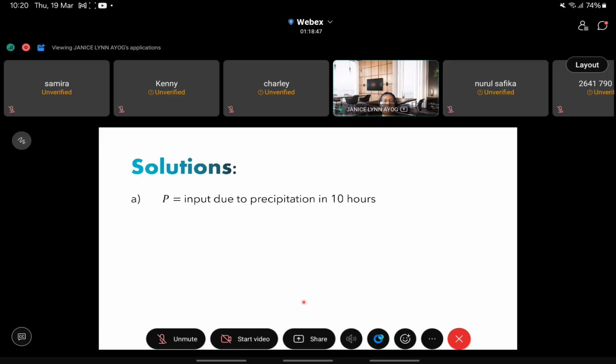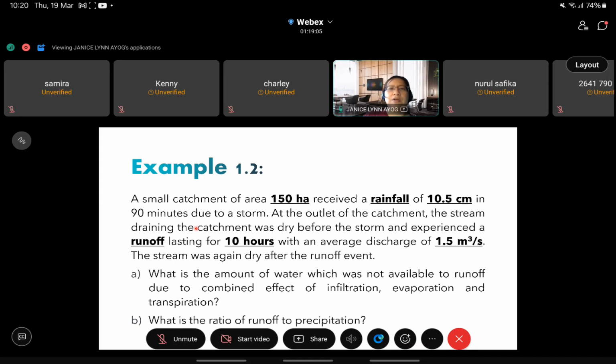Now, for question A, the input due to precipitation in 10 hours, basically you multiply that. This is, if I'm not mistaken, the area. Let me just have a quick check. Yes, this is the area which you have to convert into square meter.